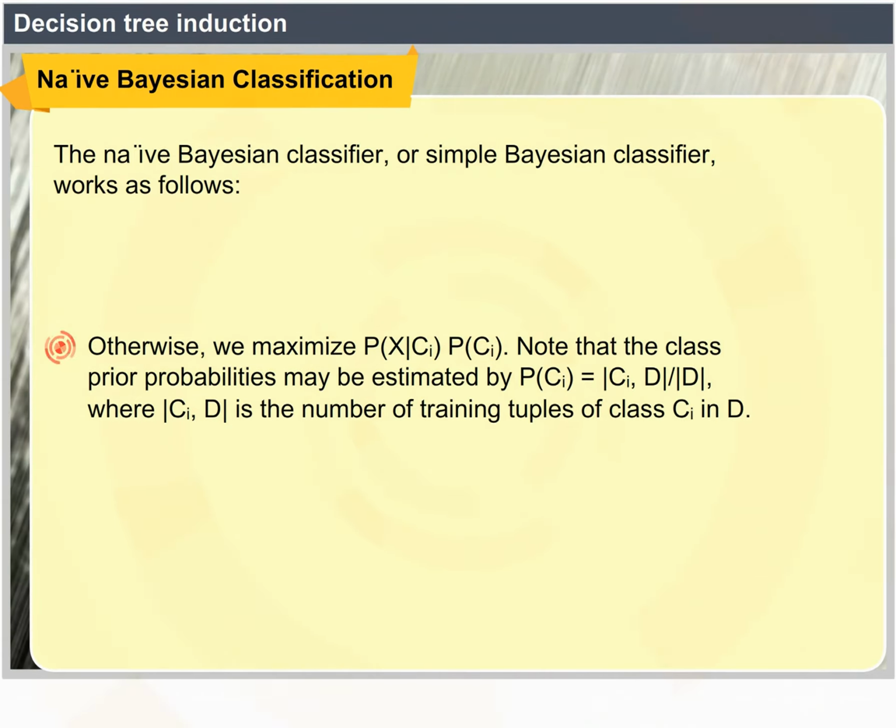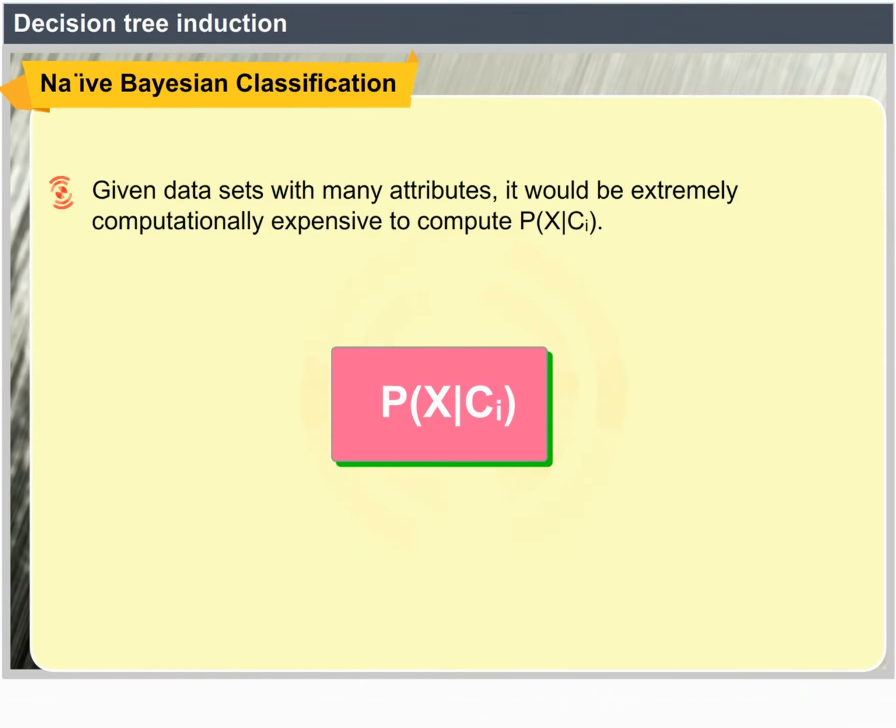Note that the class prior probabilities may be estimated by P(Ci) equals |Ci,D| divided by |D|, where |Ci,D| is the number of training tuples of class Ci in D. Given data sets with many attributes, it would be extremely computationally expensive to compute P(X|Ci).